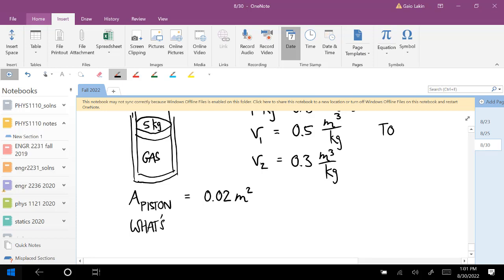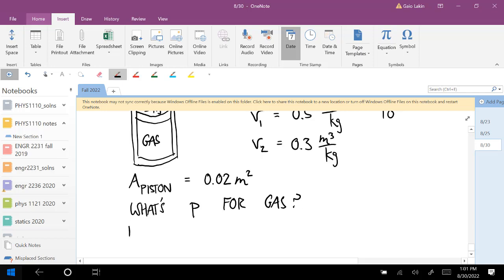We want to calculate the pressure of the gas. And then if the cylinder is insulated, what's the change in internal energy of the gas?